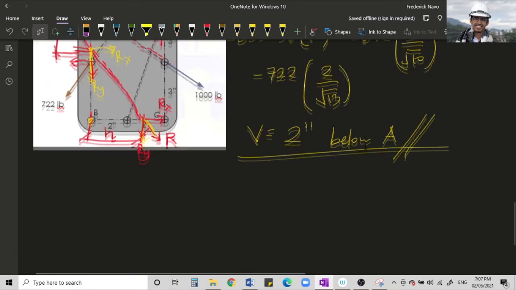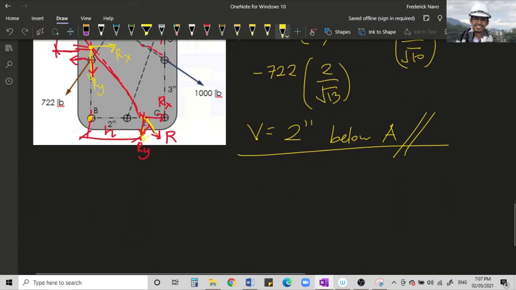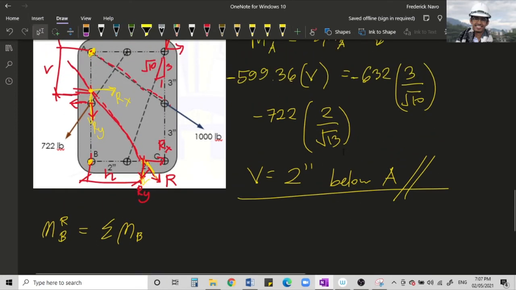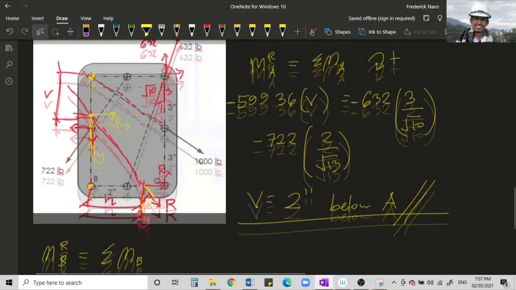Okay? So that will be moment ng resultant at point B is equal to the summation of moment ng ating mga forces at point B din. Okay? So that will be yung RY natin. Ano yung RY natin?